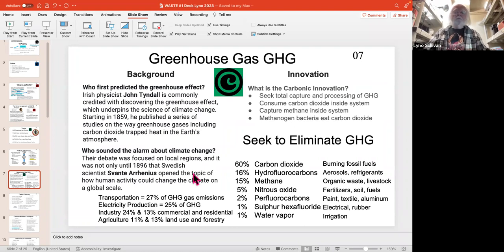All of those options are available to the farmer, or to the industry that Carbonic is trying to get created. So the innovation: we're trying to seek total capture and processing of GHG from methane produced by pigs in the barn, all the way into the machine and into plastic at the back end, or into methane into the market, or, my second favorite, into a nice methane-burning electricity generator.